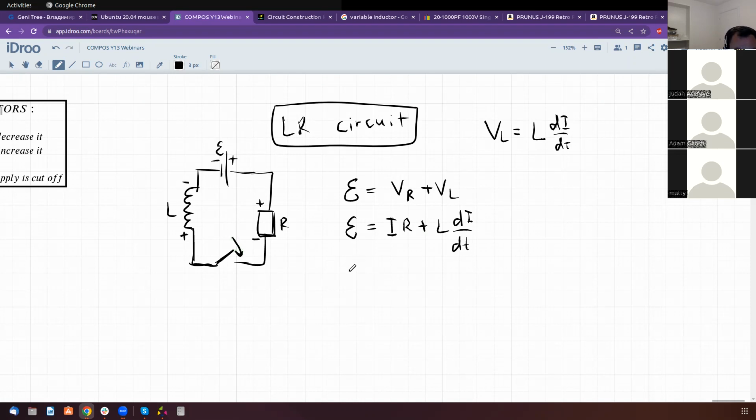So we rearrange this, we get minus L di/dt is equal to IR minus EMF. We separate the variables, so multiply by dt, so it's minus di divided by IR minus EMF is equal to 1 over L dt.